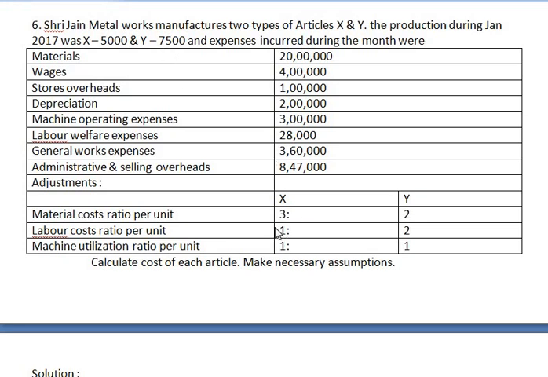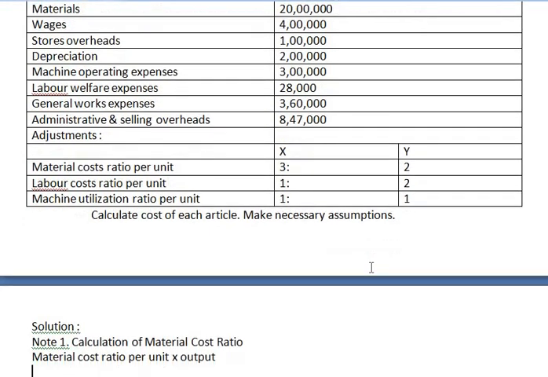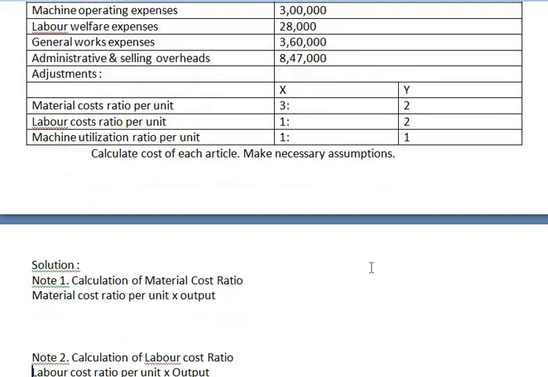So for 5,000 and for 7,500, how much ratio is applicable? First, that we will have to find. So we will have some working notes. First working note is related to calculation of material cost ratio per unit.